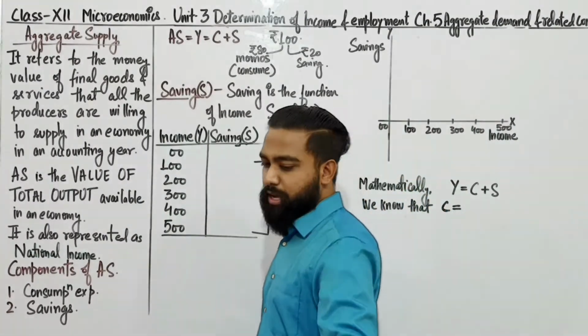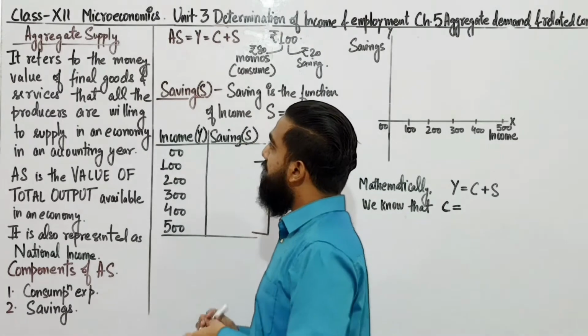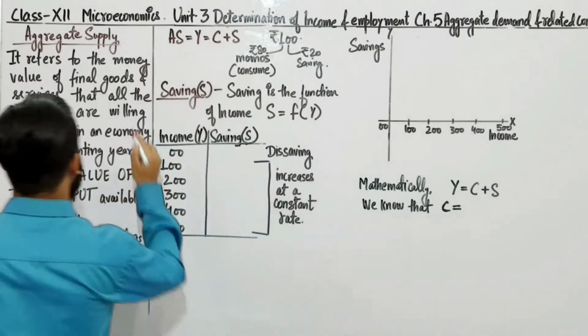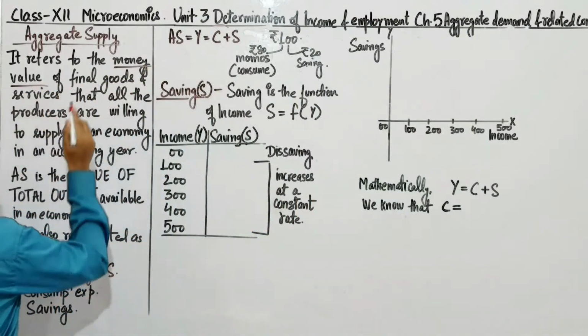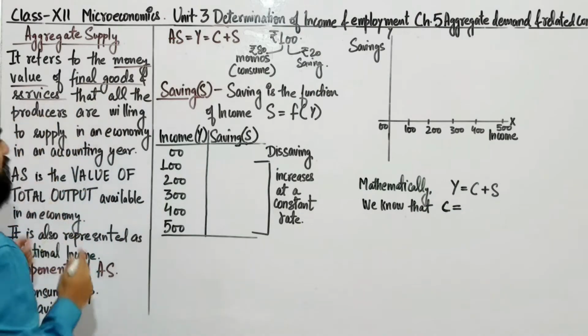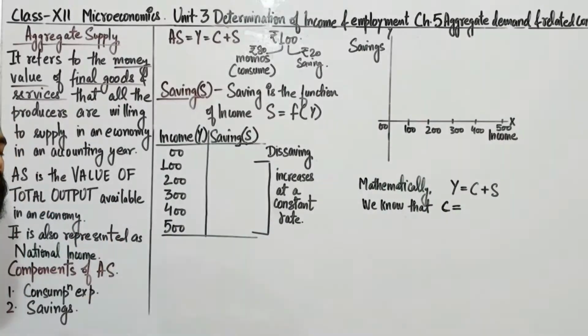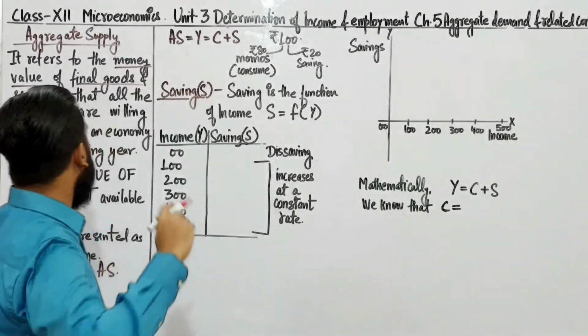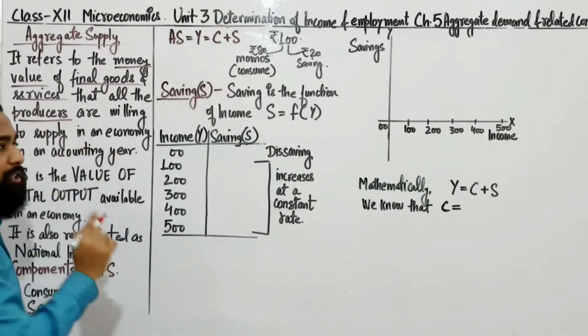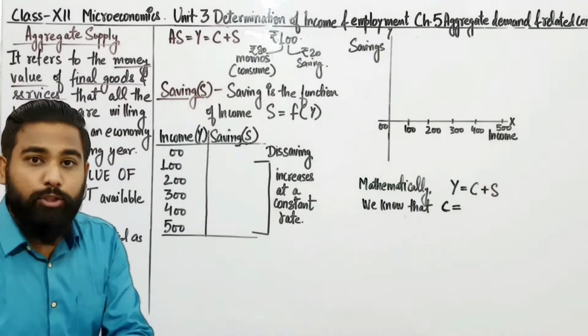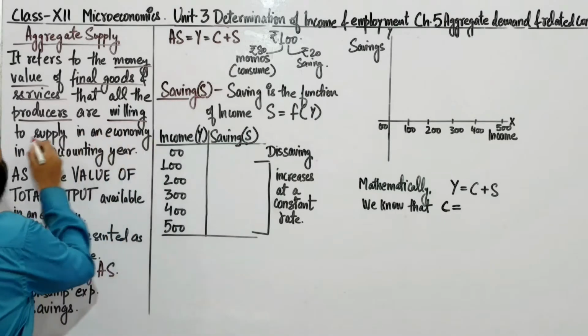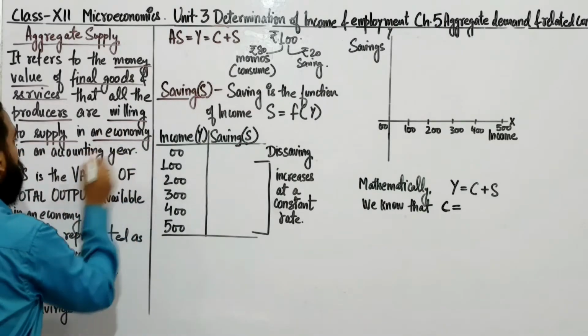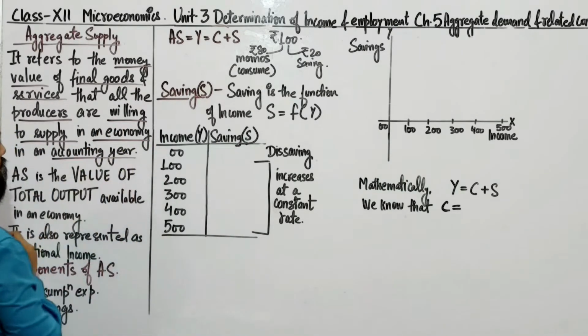Now students, what is aggregate supply? Aggregate supply refers to the money value of final goods and services that all the producers are willing to supply in an economy in an accounting year.